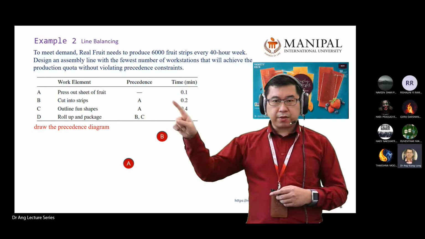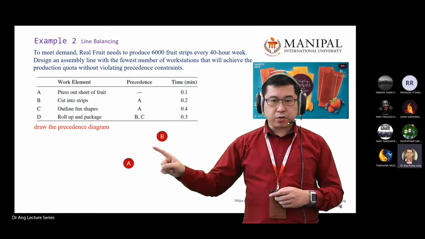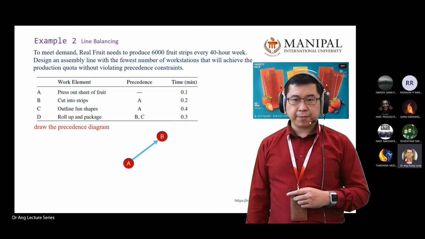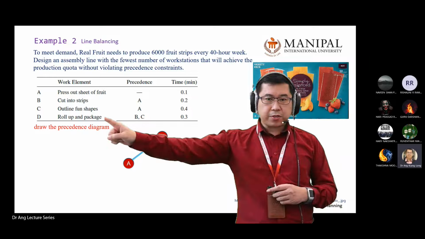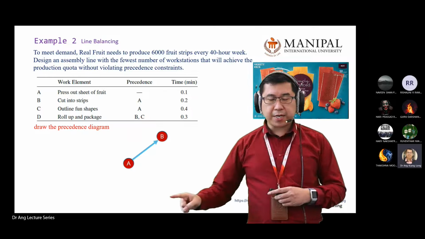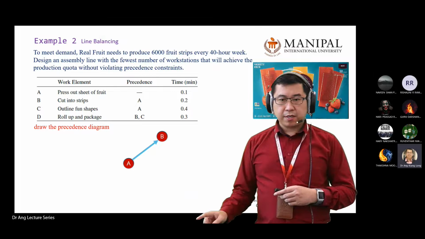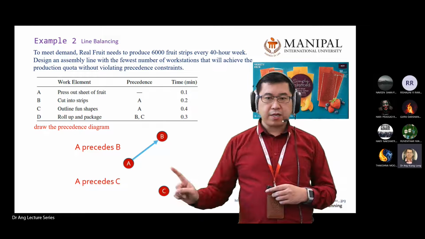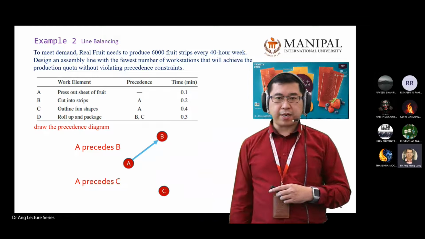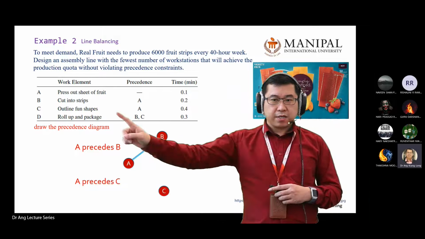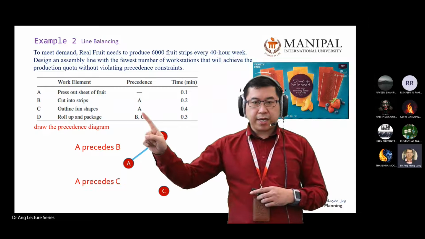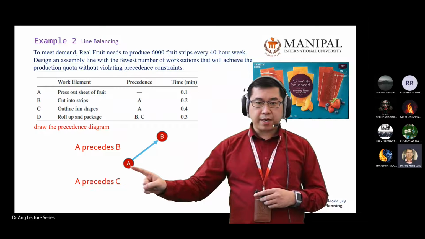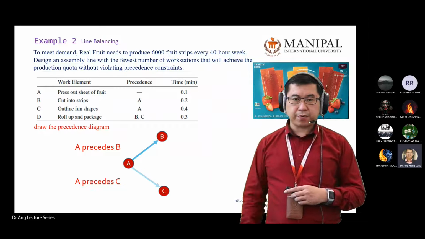If you see B needs A, you draw an arrow from A to B. Same with C. You can pick any space you want. You can put it here, here, anywhere. For C, in the table, you need A, so you draw an arrow from A to C.